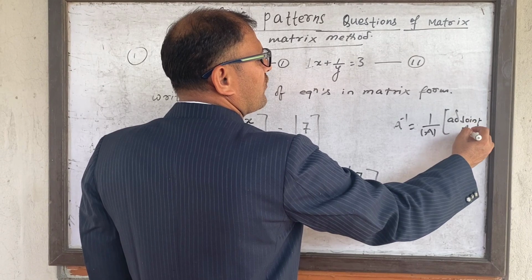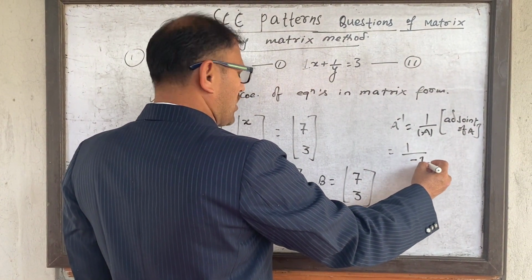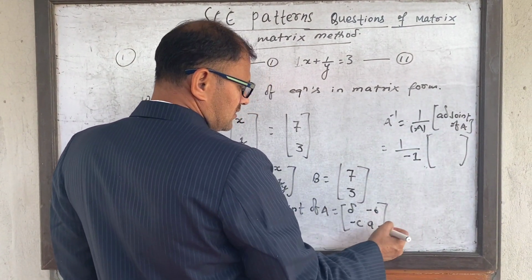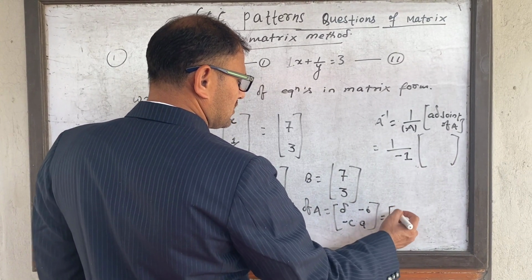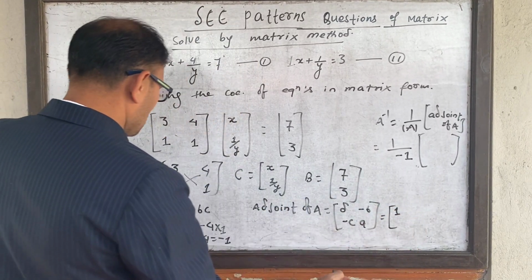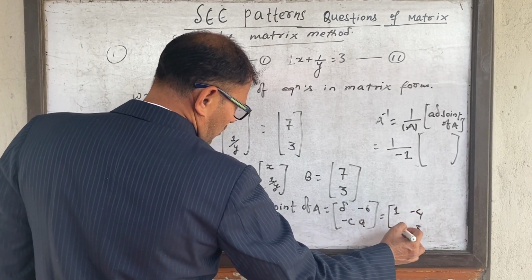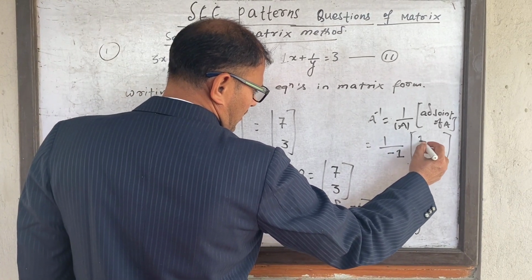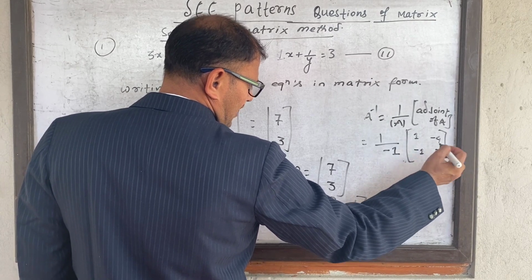Adjoint of A, that means 1 by minus 1, and this adjoint of A is 1, minus 4, minus 1, 3.